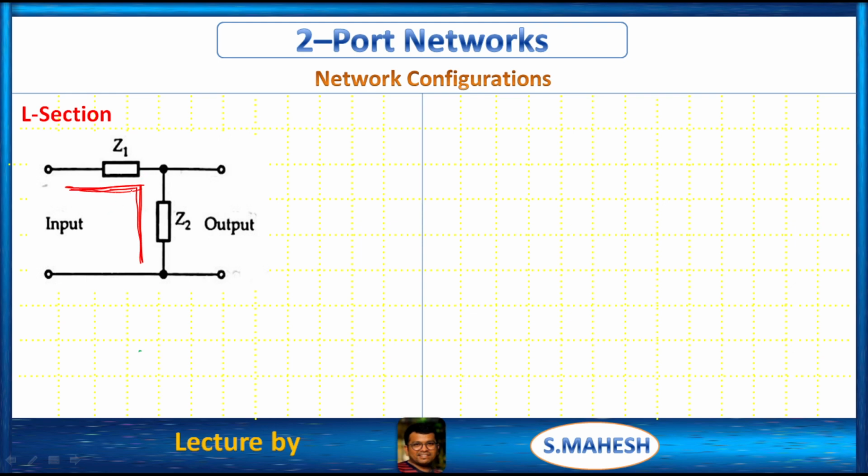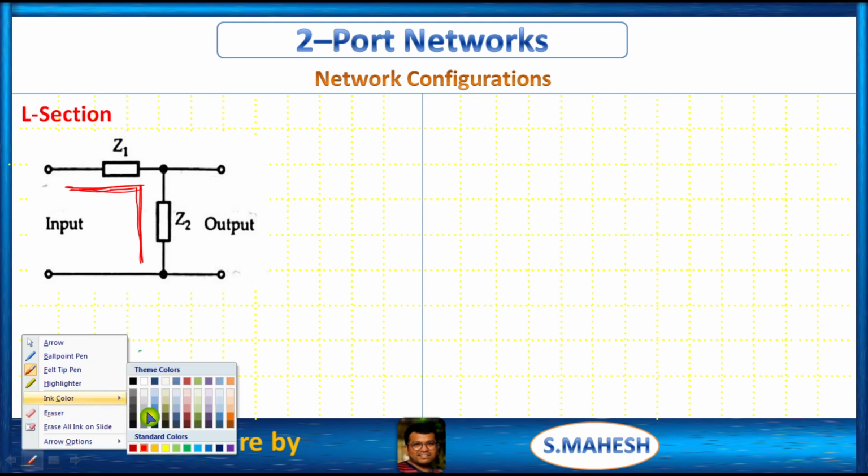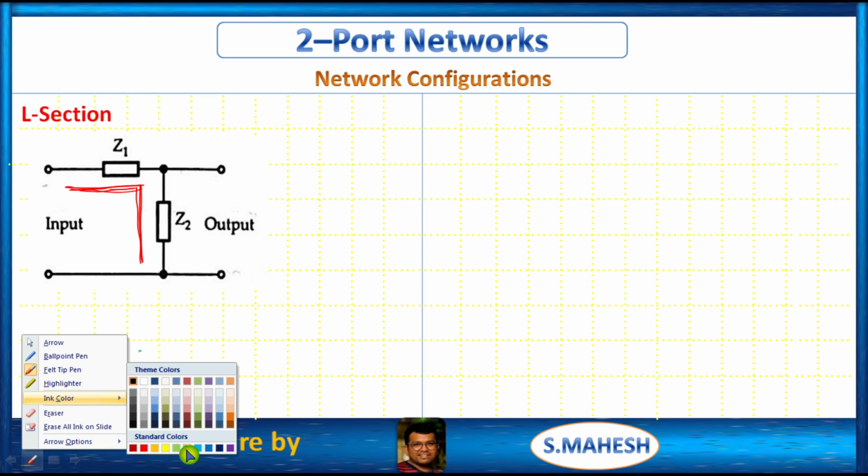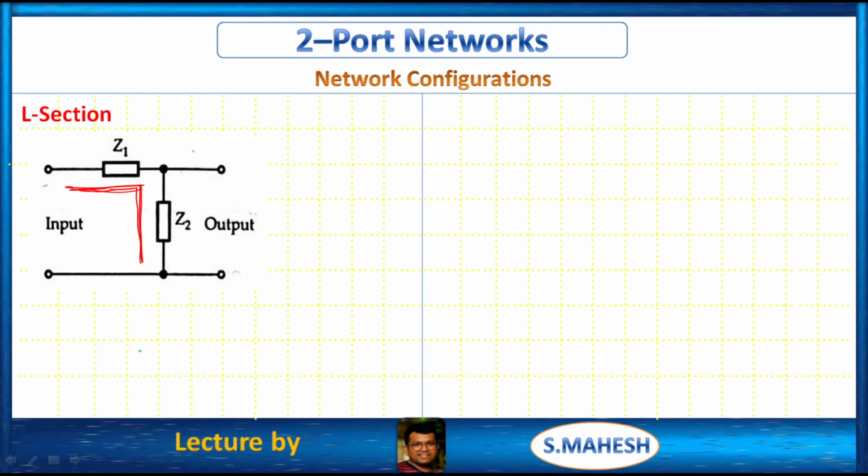Okay, we can write an important point. For example, if we assume this section as T section, there is no impedance in this, right? No impedance in T section.